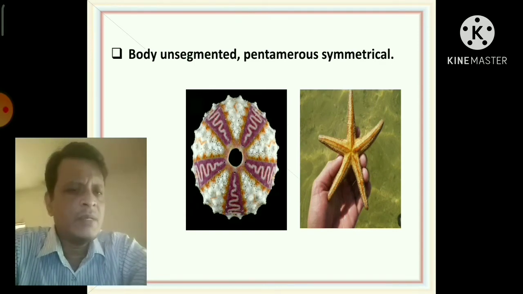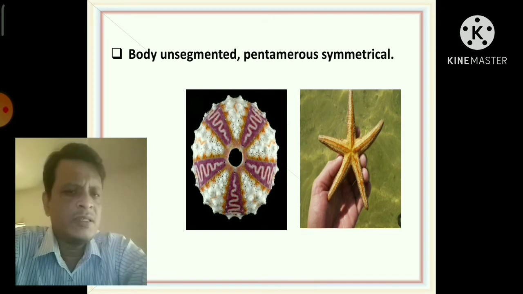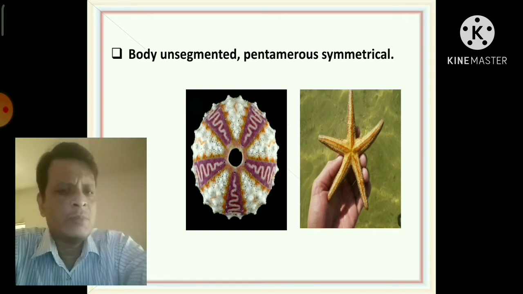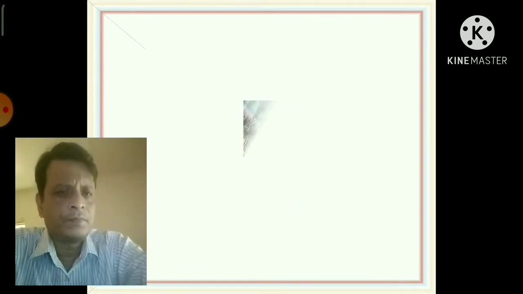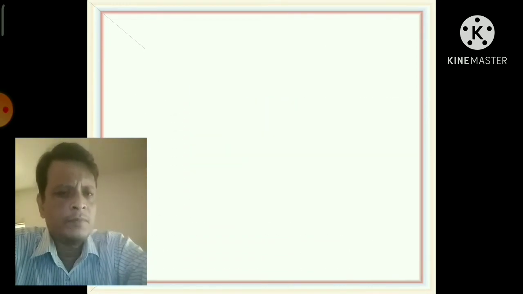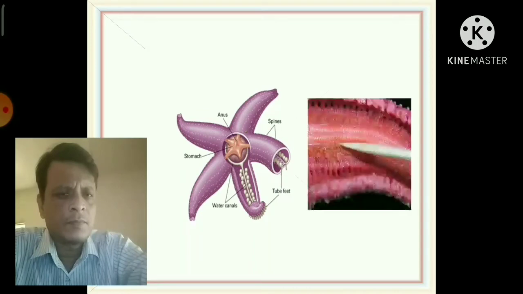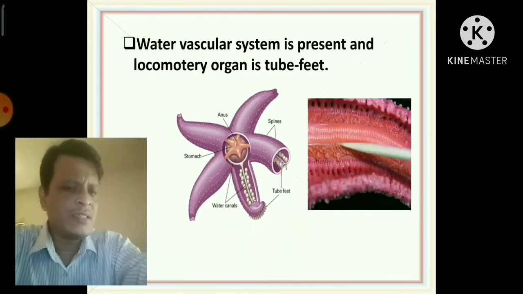Body unsegmented, pentamerous symmetrical. If you look at the figure here, the body is unsegmented. No segmentation is found in the phylum Echinodermata, but the body is pentamerous symmetrical. Endoskeleton with spicule, and the water vascular system is present and the locomotory organ is tube feet.